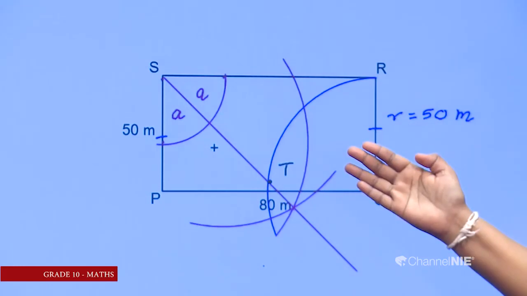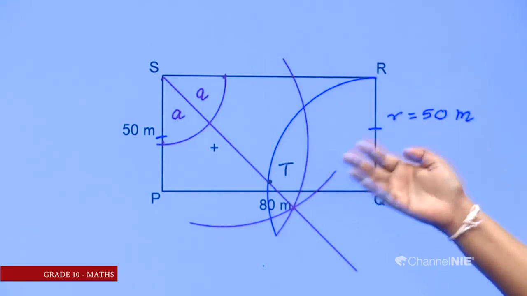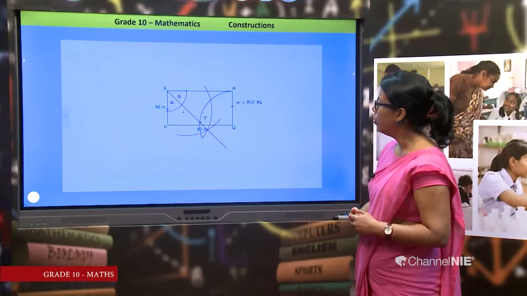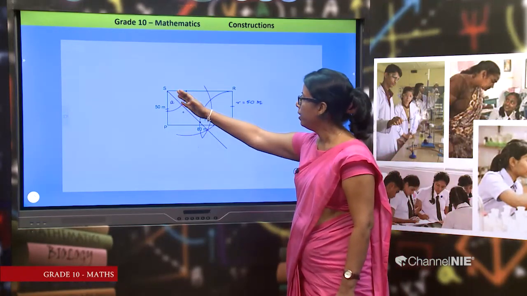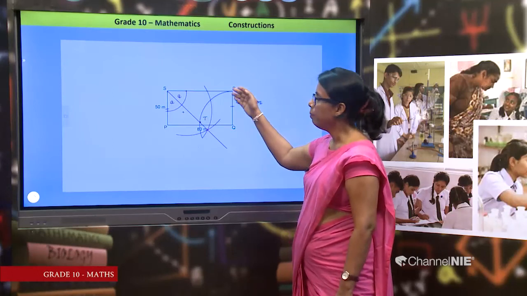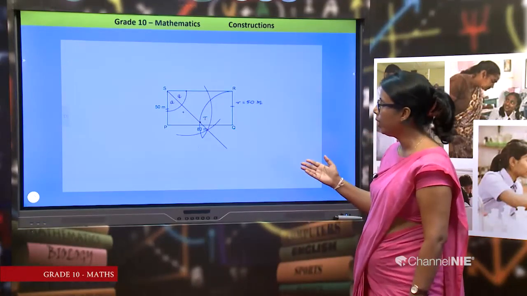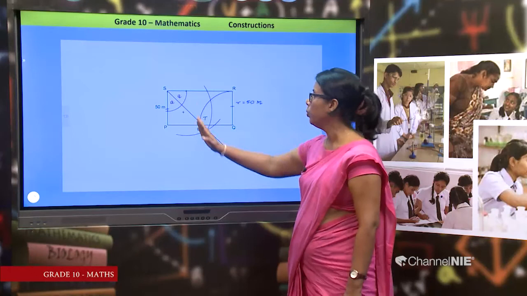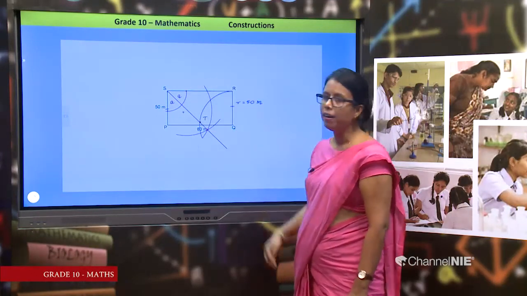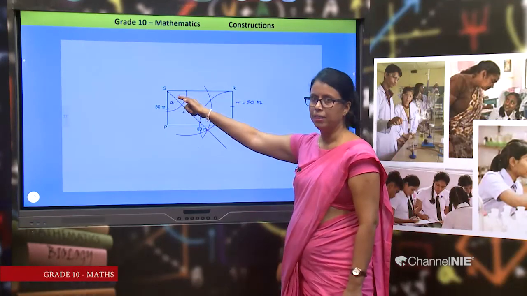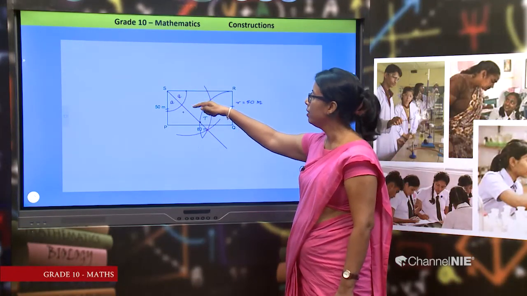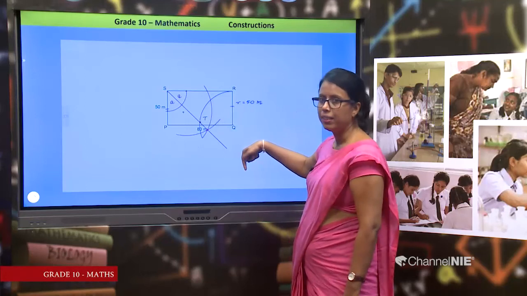Next, there is another condition: the locus of a point moving at constant distance from PS as well as SR, because it says the treasure is located equidistant to PS as well as RS. So, the common vertex is S. So, we have to construct the angle bisector.